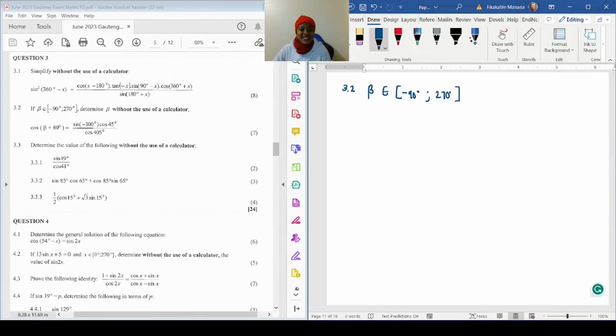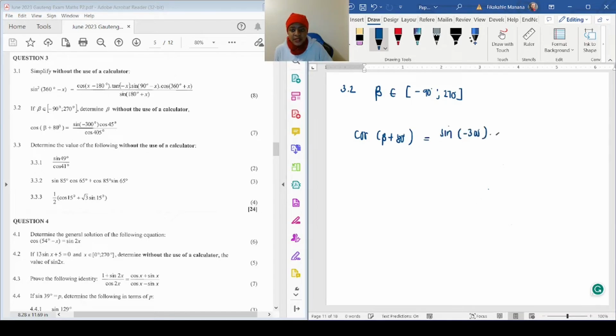So beta is an element of negative 90 to 270. And we need to determine beta without the use of a calculator. So what do we have? We have cos of beta plus 80 degrees is equal to sine of negative 300 degrees times cos 45 degrees all over cos 405 degrees.